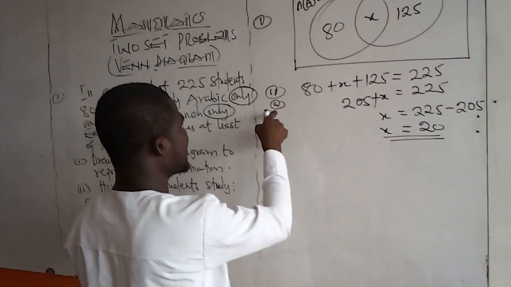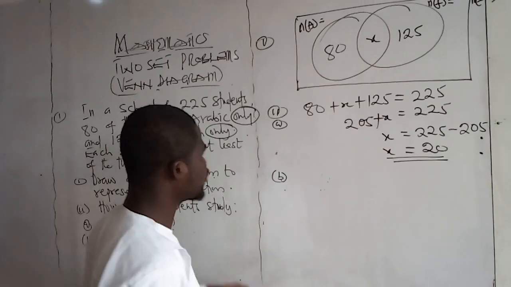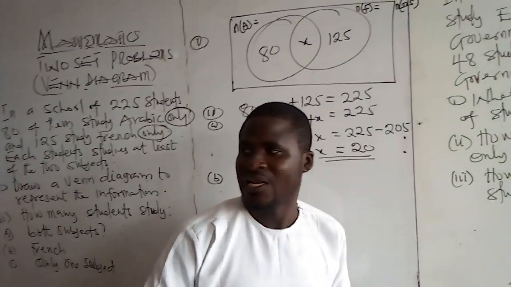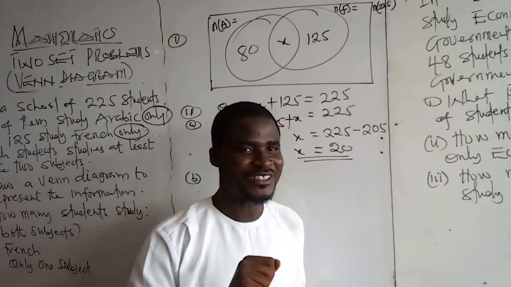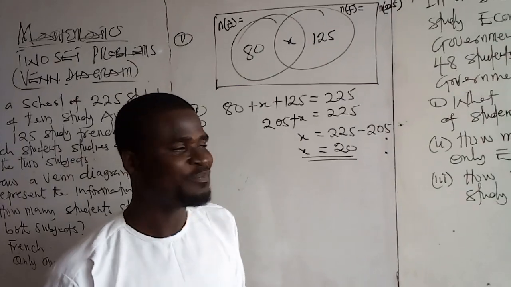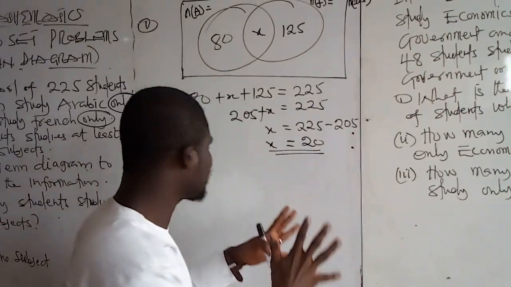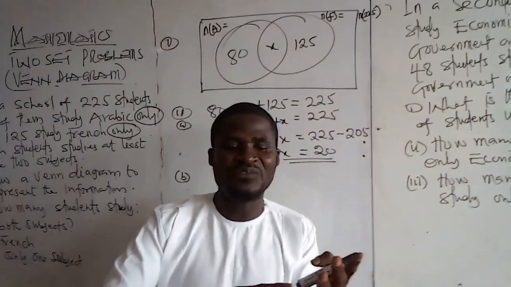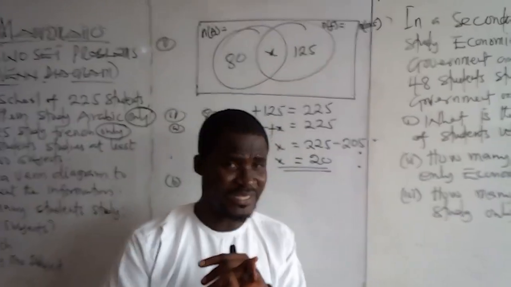Now, let's go to the B. This is the II, B. The B says French. Now, how do we get French? Good. Your guess is good as mine. Keep it up. Now, to get those who study French, you add French only plus both subjects. I'm repeating it.